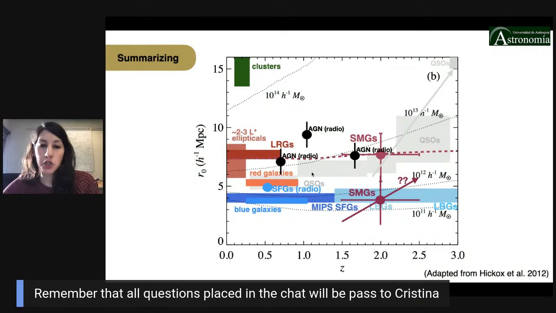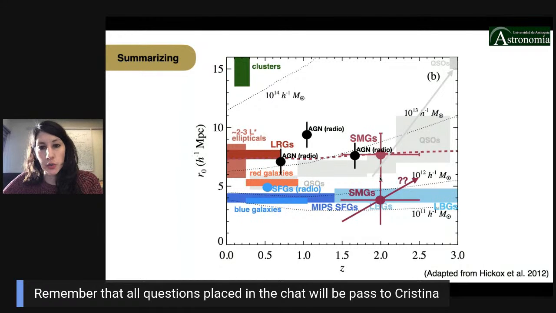Quasars have been shown to strongly increase their clustering at high redshift, going in this direction. I showed you that Lyman break galaxies, which are the light blue color here, have a more or less flat correlation length at redshifts 3, 4, and 5, and their correlation length is not so different from star-forming galaxies in the local universe.